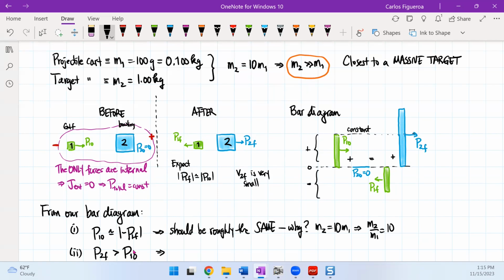This tells us that the outgoing target cart has, I don't want to say much, a larger momentum than the one coming in.